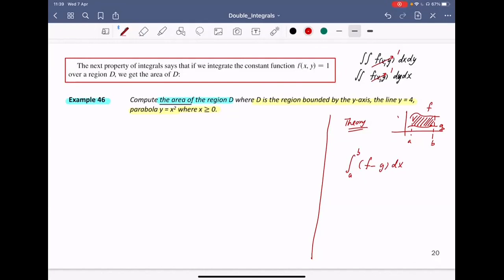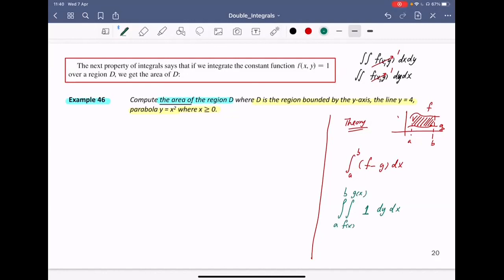But you can see that this is a similar thing with Cal 2, when you learn the double integral and you set the integrand to be 1, then you have dy dx, with x from A to B, y from f(x) to g(x).